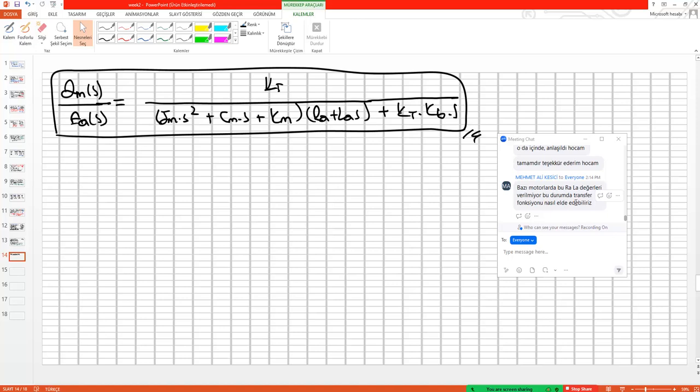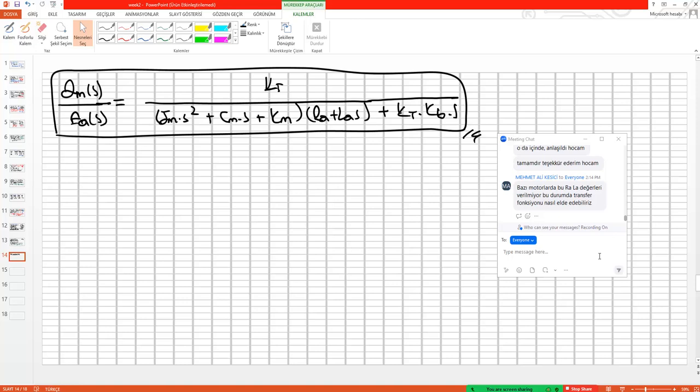I will show this case, Mehmet Ali, because in the real application, I will use the sum motor in order to estimate the characteristics of this Ra and La value in the next sessions. Okay? I will build the motor, and then I will read the whole data using the STM32 board, and then we will measure the angular velocity of this motor the whole time, and then we will fit the proper transfer function to this Ra and La value.